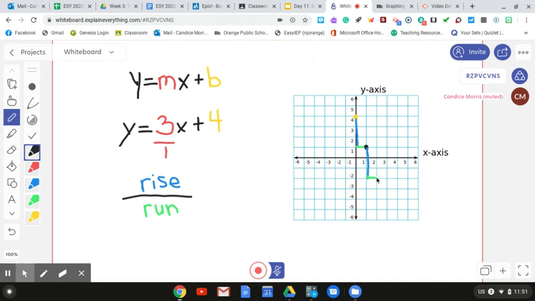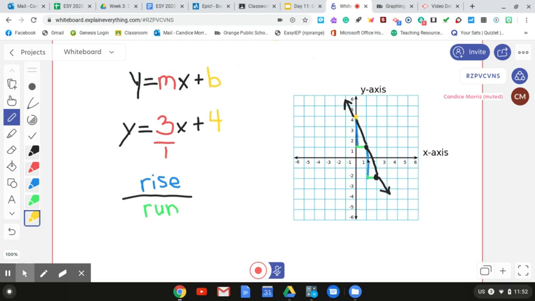So now what you can do is connect your points to make a line. Now this might be a little weird for me to make this line here, but I'm going to try and make it as best as I can. And you can actually add the arrows at the end, because you know that this line will go on forever. It does not stop there. So we have our point 1, obviously, which is where we started from, where it crosses the y-axis.